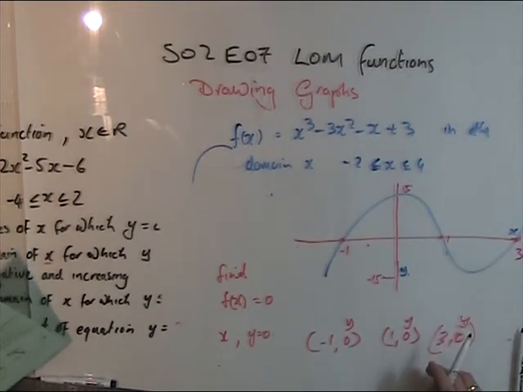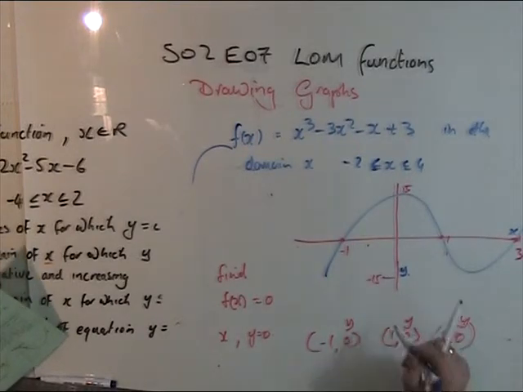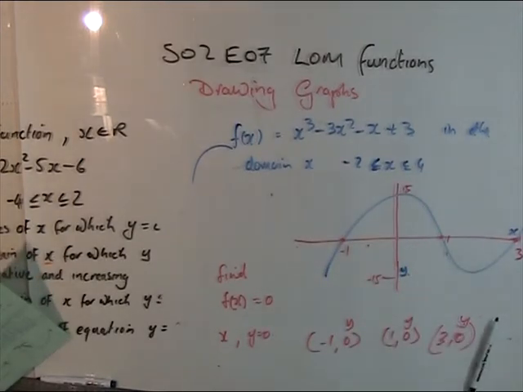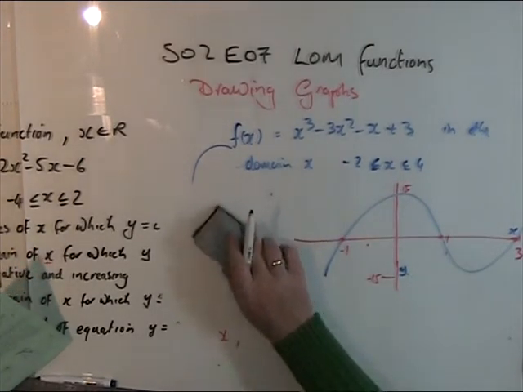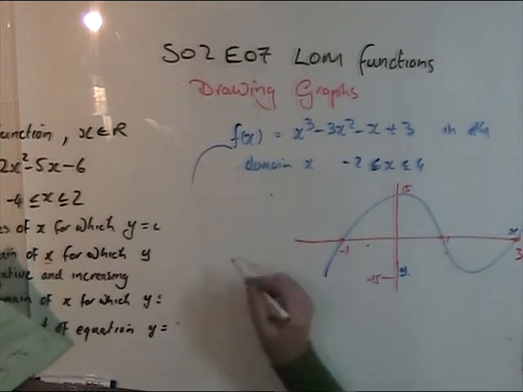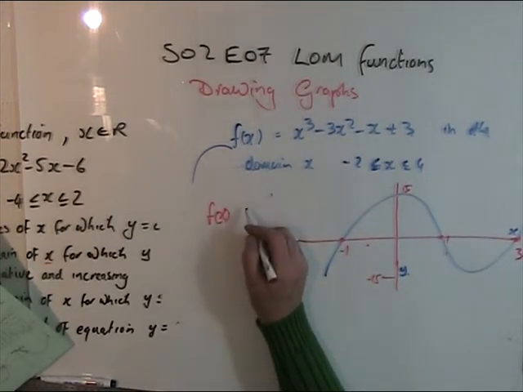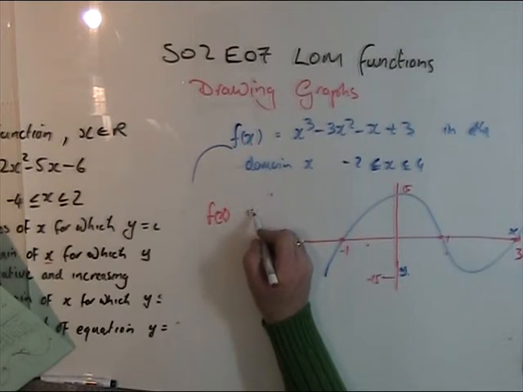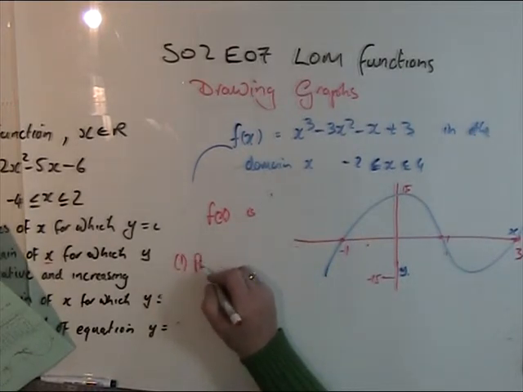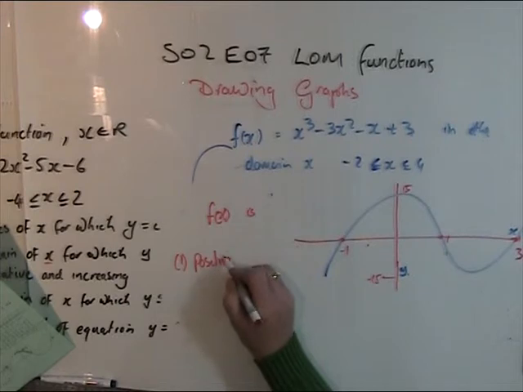The next one says, write down the domain of the values of x for which f of x is increasing. Now we did this the last day. Where is the graph of f of x increasing? The first one is positive and increasing, so we have to get used to these.